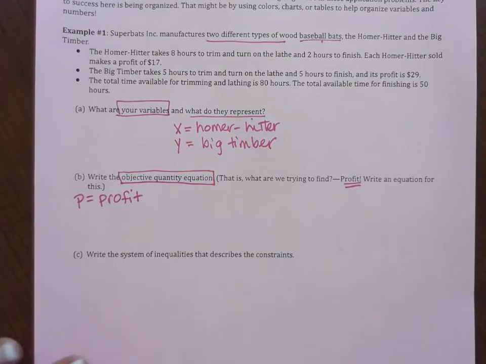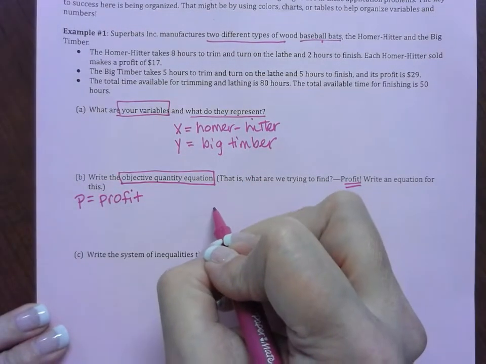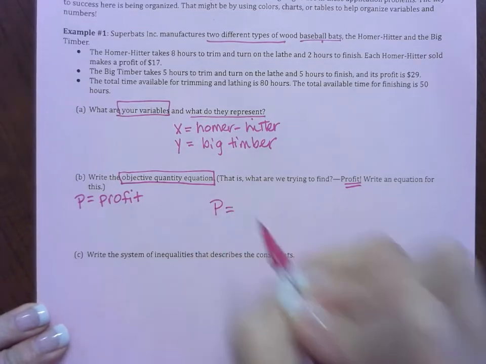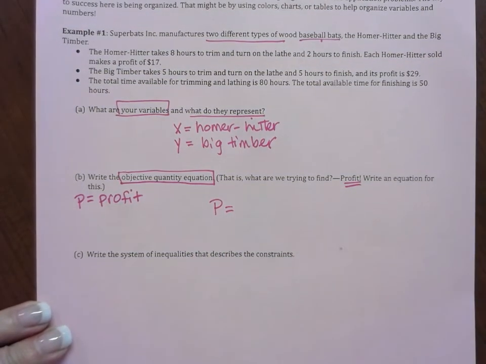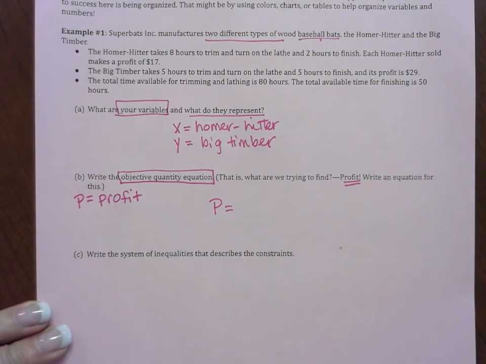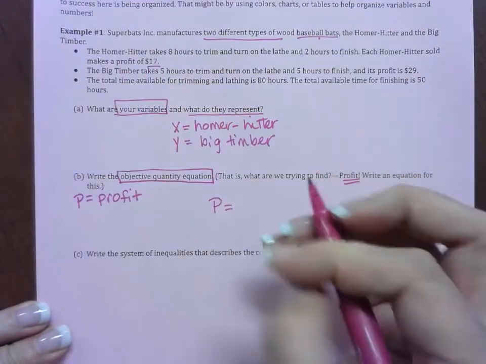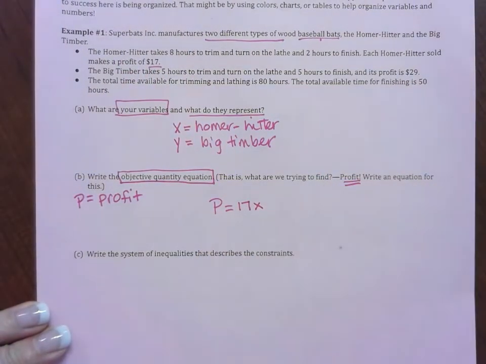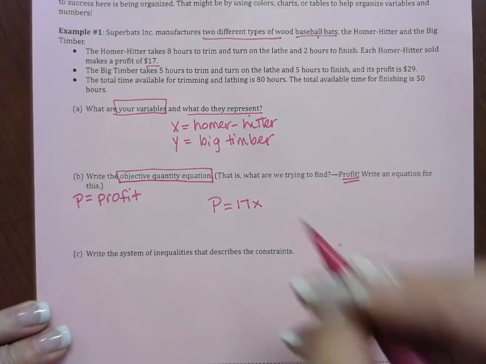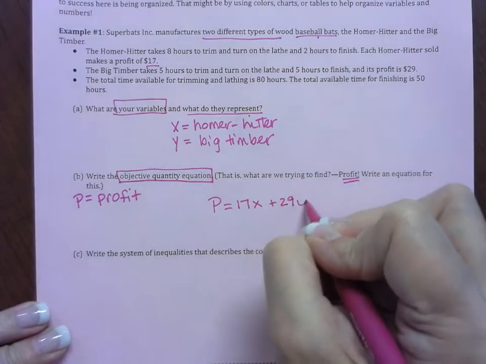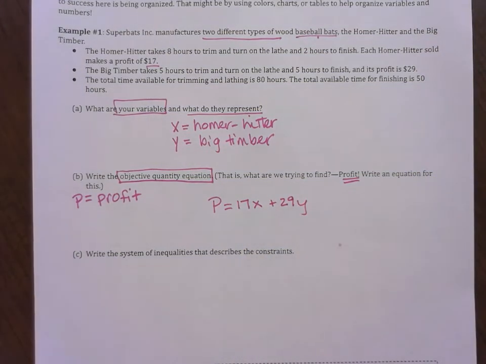Now my equation is going to be: my profit is equal to... well, how much profit do I make on the Homer Hitter? 17. So I have 17x. And how much profit do I make on the Big Timber? 29. Everybody with me on that? Does that make sense?